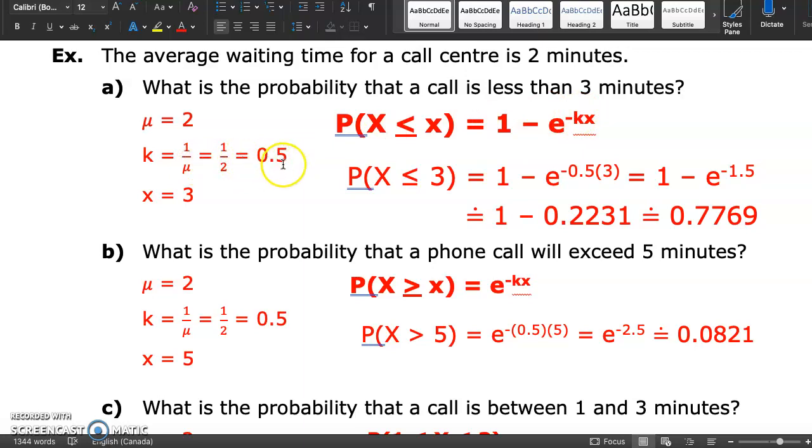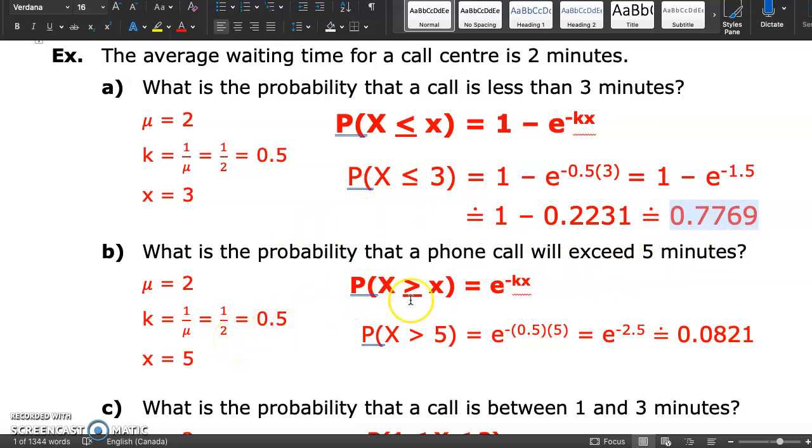In this case, it's 0.5. And our value for x is 3. So substitute and solve, and we end up with 0.7769, so about 78%.